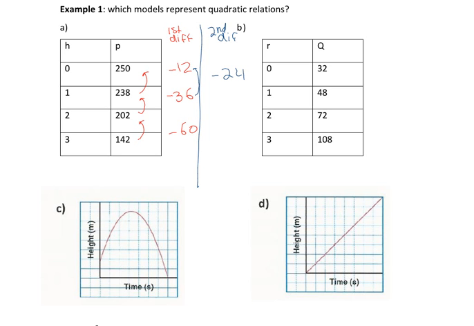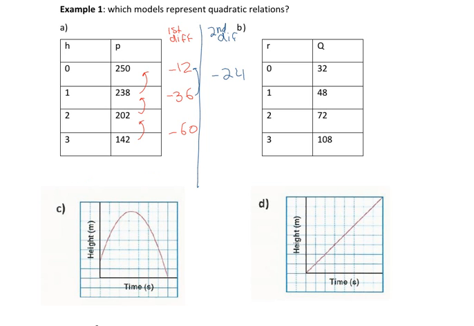It will be negative because negative 36 is greater than 12 in size. So negative 36 minus negative 12 is negative 36 plus 12. 36 is a bigger number, so it's going to end up being negative.